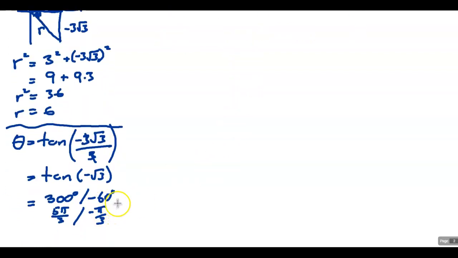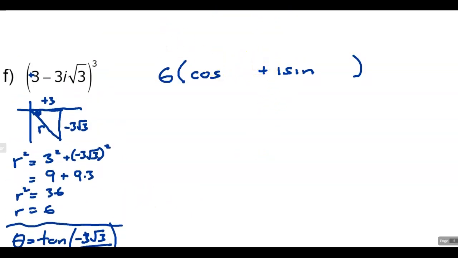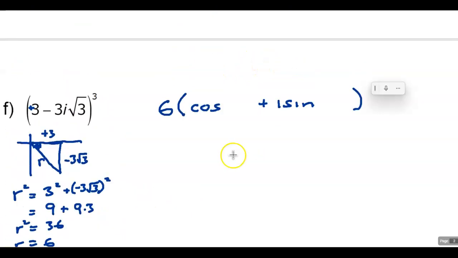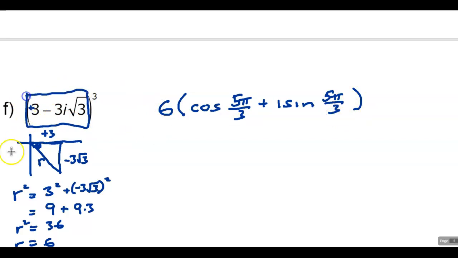Let's say I'm going to do 5 pi over 3. So we just converted this part to our trigonometric form. So now we can do this part, raise it to the 3rd power. So we'll have 6 to the 3rd power.